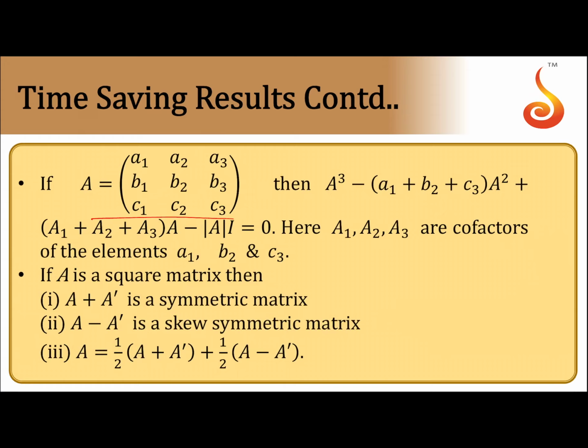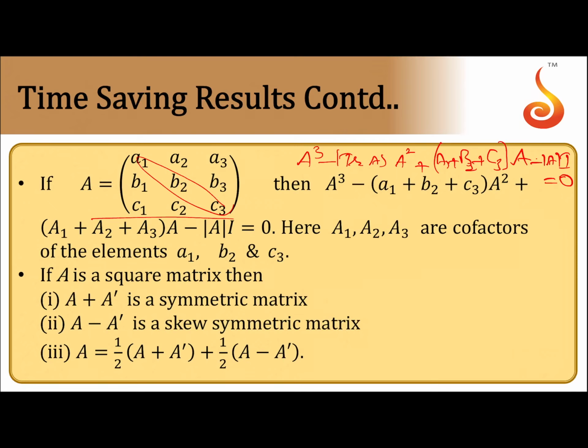A cube minus the trace of A multiplied by A square plus the sum of the cofactors of the elements of the diagonal, that is nothing but A1 plus B2 plus C3, multiplied by A, minus determinant of A multiplied by I must be equal to 0.